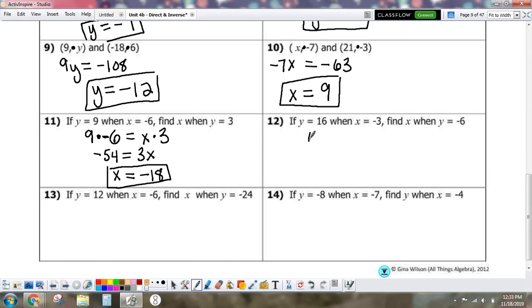Same idea here. 16 times negative 3 equals negative 6 times x. Negative 3 times 16 gets me negative 48. Then I'm dividing that by negative 6, and x will be a positive 8.